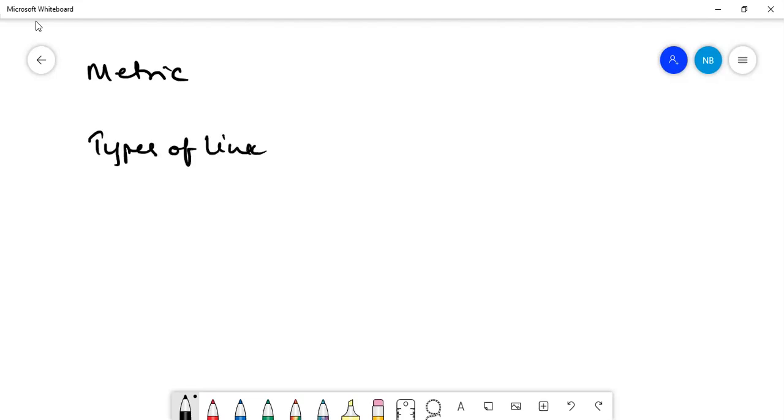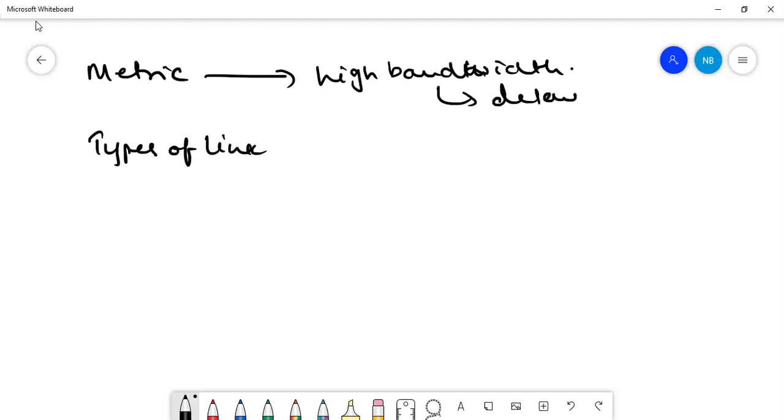So areas will be categorized here. According to OSPF, the metric will be nothing but high bandwidth, just now I told you. It also talks about delay in sending the messages, and high throughput.